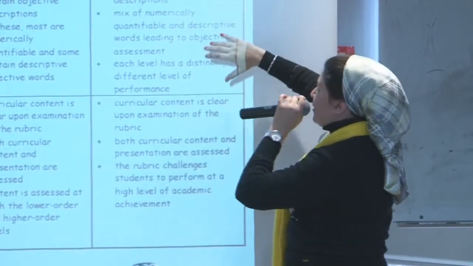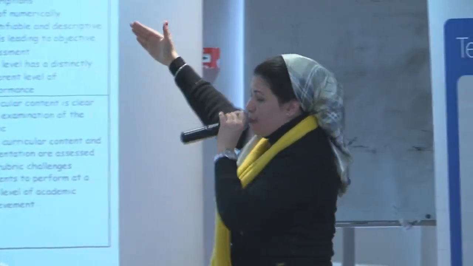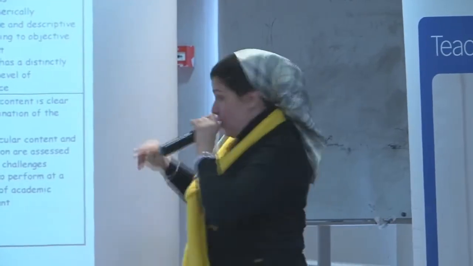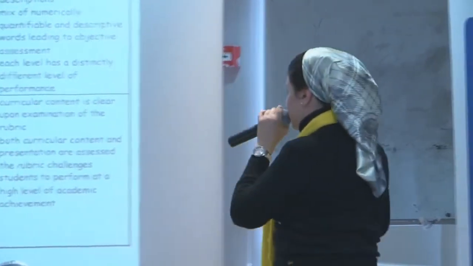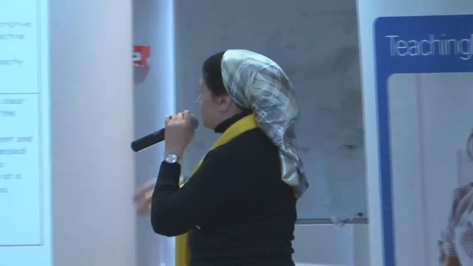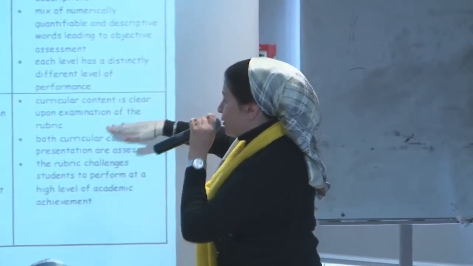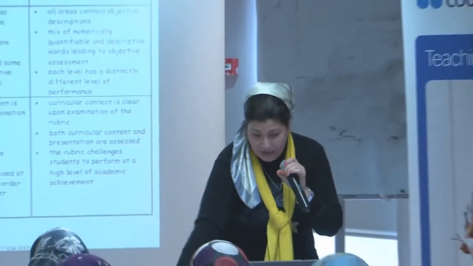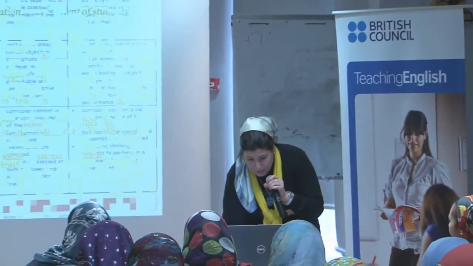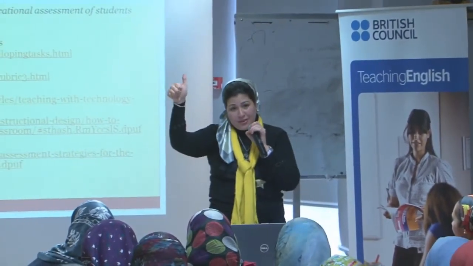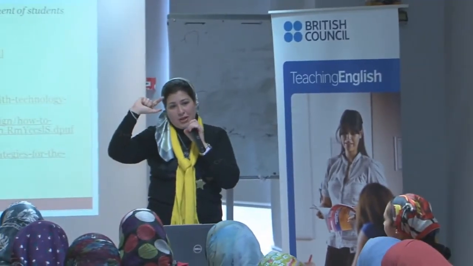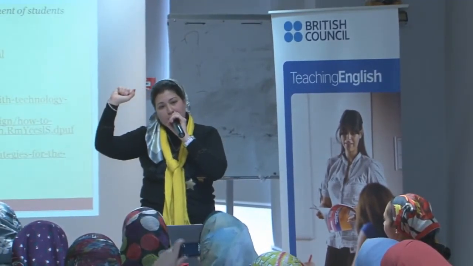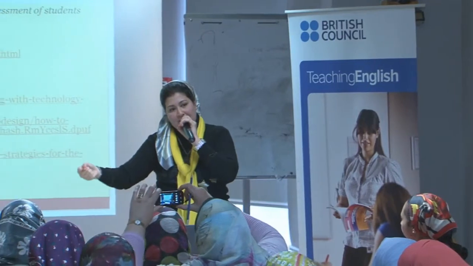Okay, last criteria, all areas contain objective descriptions, a mix of numerically quantifiable descriptive words, curricular content, this is content and presentation. So this, I'll give you this. So your rubric, try to make it simple, accurate. And don't be afraid to tailor it for the task.